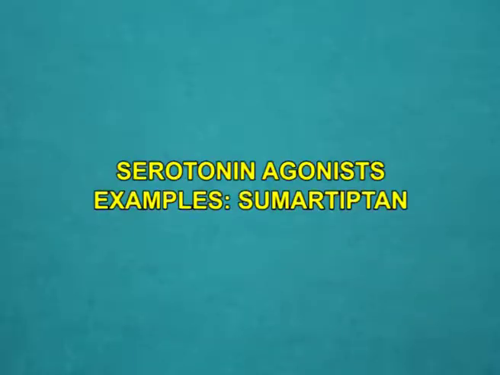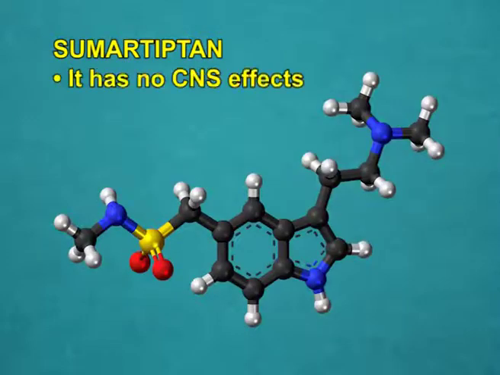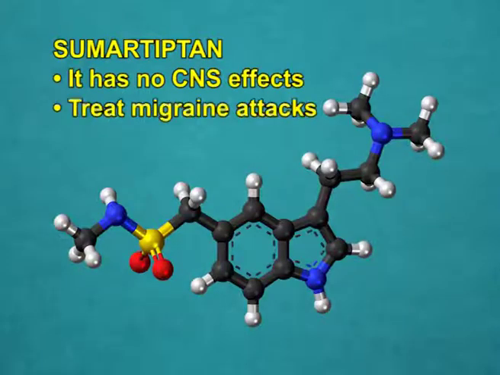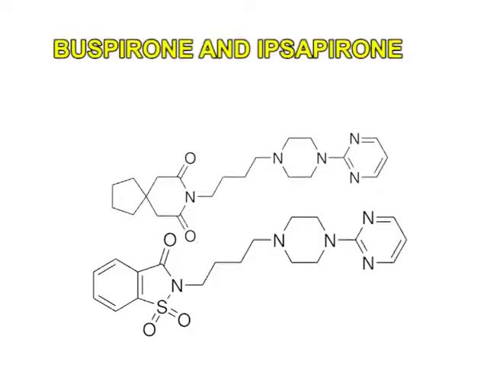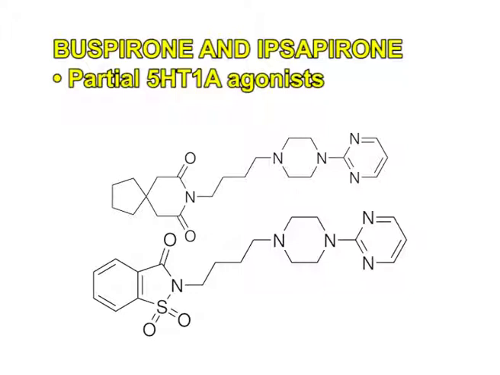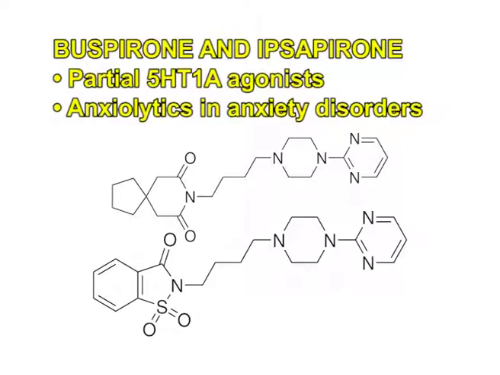Serotonin agonists, basically these are the main examples. Sumatriptan has no CNS effect and treats migraine attacks. Buspirone and ipsapirone are partial 5-HT1A agonists, anxiolytics in anxiety disorders.